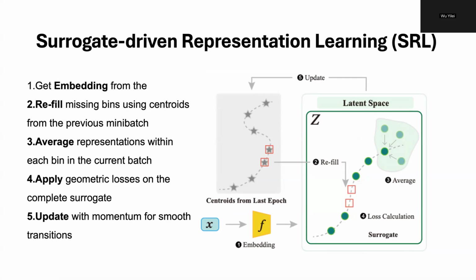And for the missing label ranges, we refill them from the saved centroid from the last mini-batch. Then we average the representation within each bin to get the centroid. After that, we calculate and optimize our geometric loss on our representation surrogate. Finally, we update the momentum for smooth transition across different epochs. Now, let's take a look at the results.